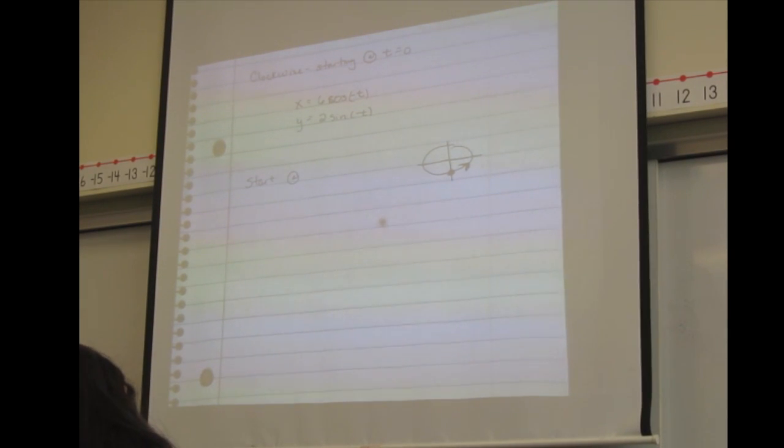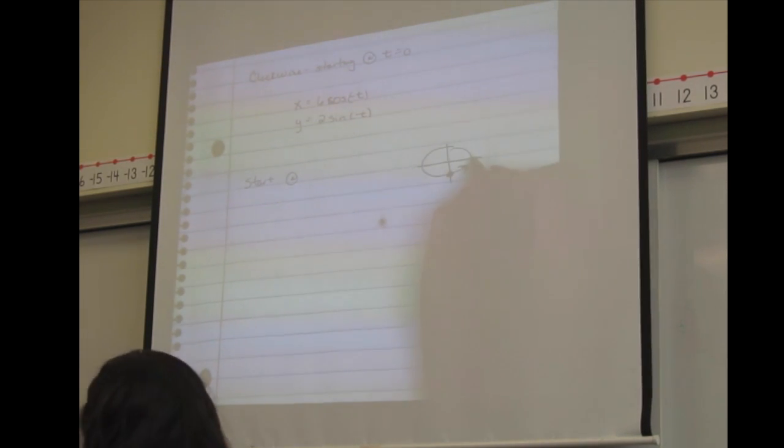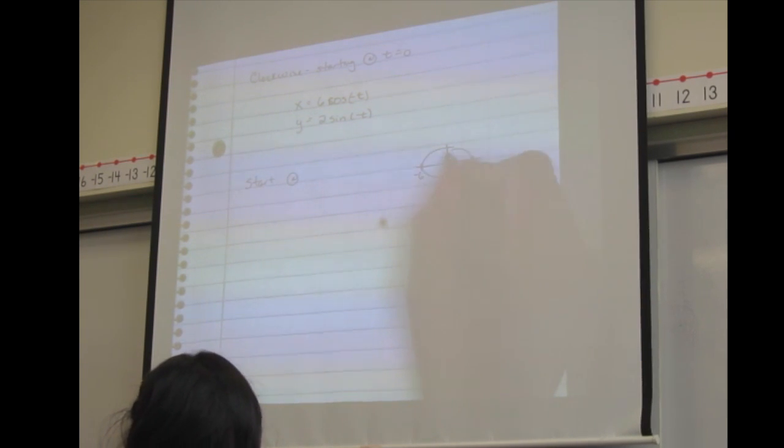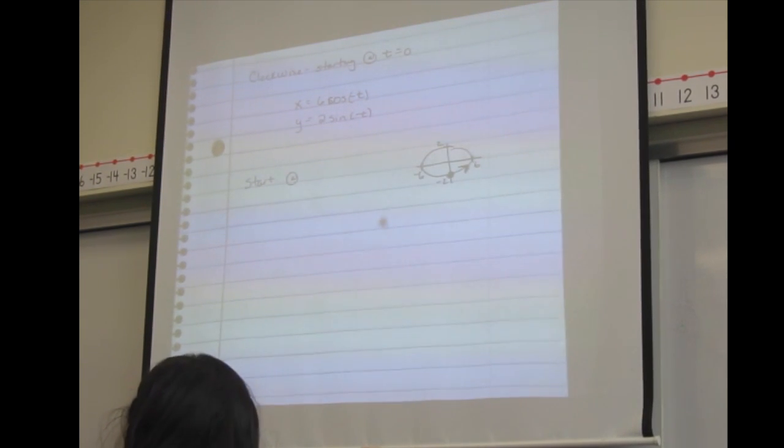So how do you change your values? 6, -6, -2. And you still want it to go clockwise? Oh, no, now it's going counterclockwise again.